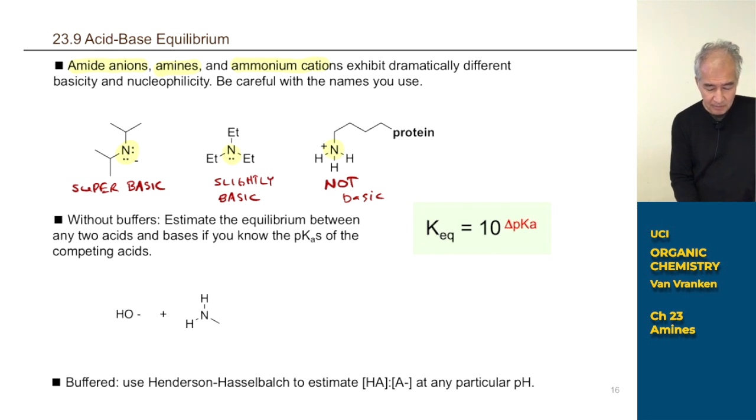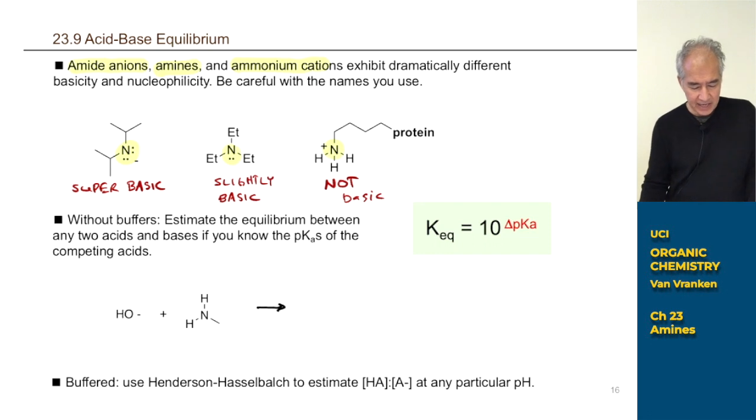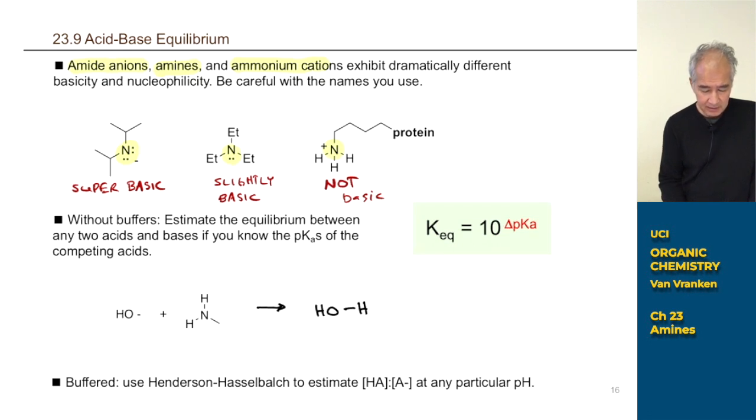So let me go ahead and draw out a process where we think about an acid-base event between hydroxide and an amine. I'm not saying this is good, but it's just hypothetical. What would happen if we did an acid-base reaction using hydroxide anion to deprotonate an amine? Is that reasonable? How do we think about whether this is a reasonable process or not? Here's how we would do that.